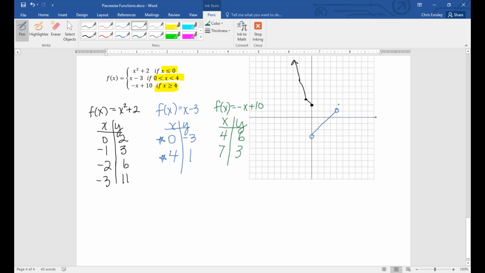So 4, 6, about here, closed circle. And 7, 3, about here. Straight line that continues to the right, but stops at that value x equals 4 to the left. And that's it. That's the graph of our piecewise function.